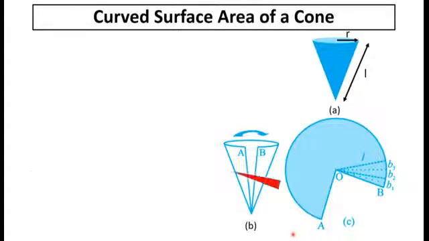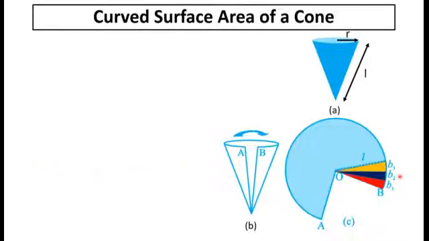So the first triangle, as shown in the figure by red color, will have length L and its base will be B1. For the second triangle, which is shown in blue color, the length is L and its base is B2.